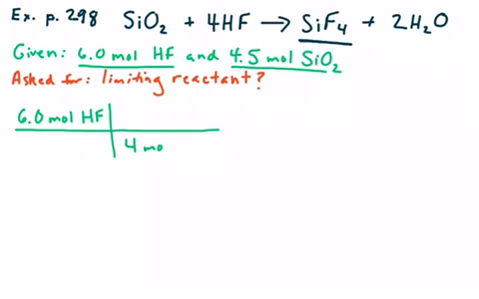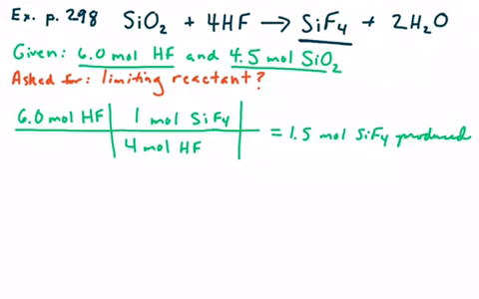In this case, for every 4 moles of HF, we should produce 1 mole of SiF4. So if we do that math, we would get 1.5 moles of SiF4 that we would produce if we used up all of the hydrofluoric acid.